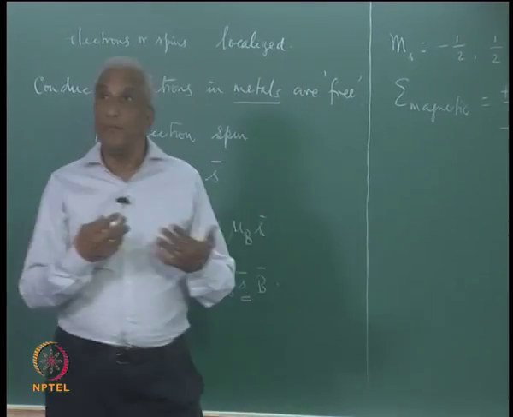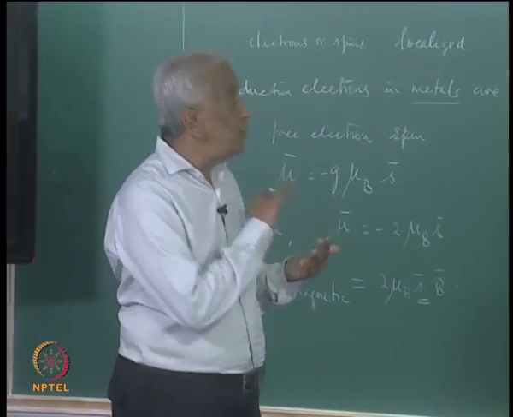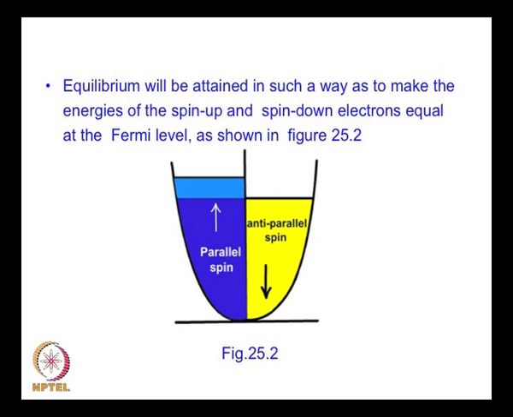So, equilibrium will be attained so as to make the energies of the spin up and spin down band electrons equal at the Fermi level. So, this is what is shown in the next figure.